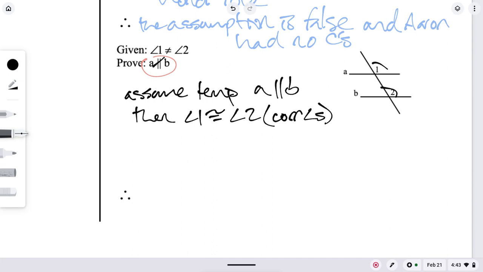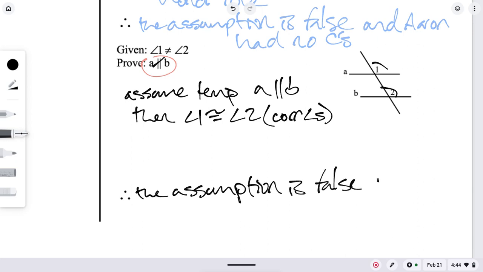I just need to logically conclude that this doesn't work anymore, because that contradicts the given, because 1 was not supposed to be equal to 2. And that's how I know that this isn't going to work. If A was parallel to B, then 1 and 2 have to be congruent to each other. So now I can say, therefore, the assumption is false, and A could not be parallel to B, right?